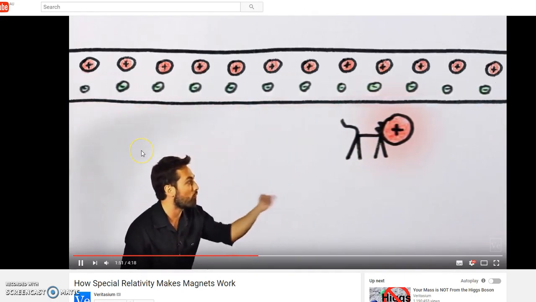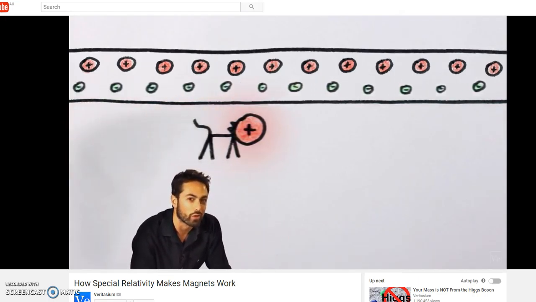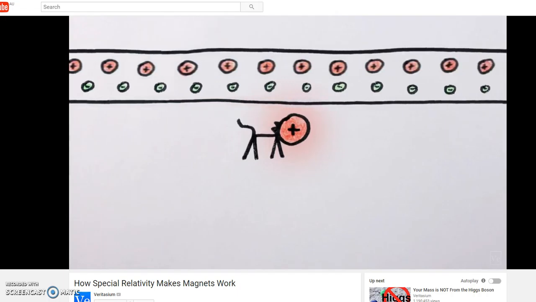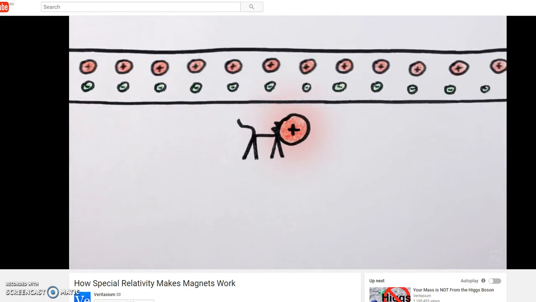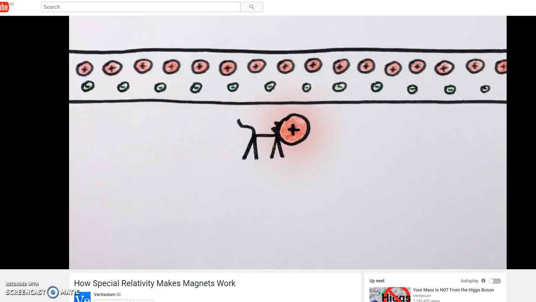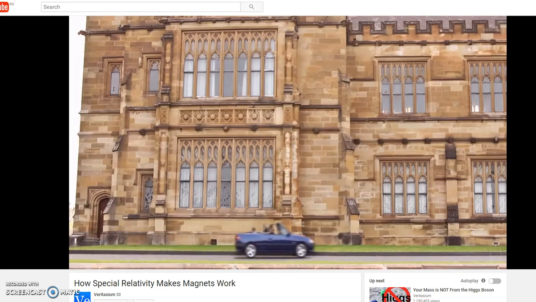And invoking special relativity, what you're going to get is length contraction. So the distance between the positive charges is going to get smaller. The distance between the negative charges will get slightly larger because they're not moving relative to the cat.